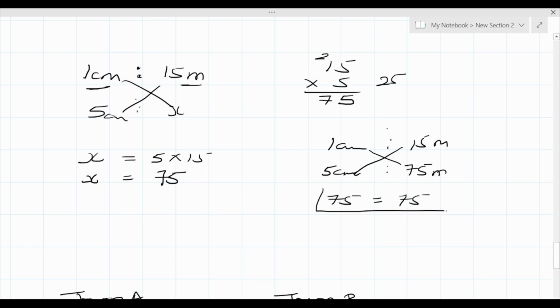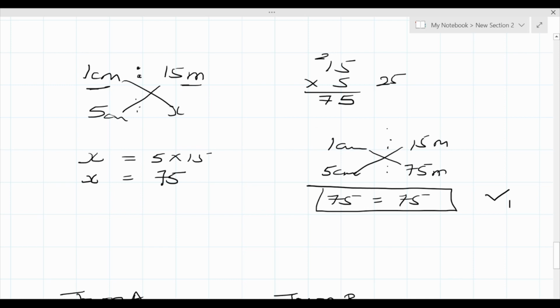So we know that our ratios are equal. Once we get this statement, it means that this is true. So it means that 5 centimeters on the map, or whatever the drawing is, really represents 75 meters in real life.